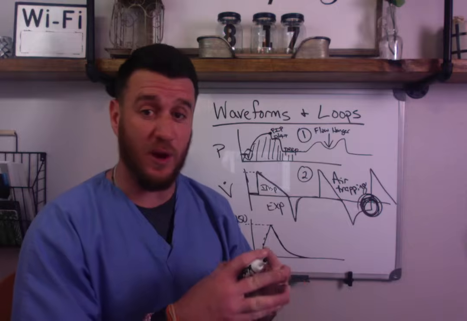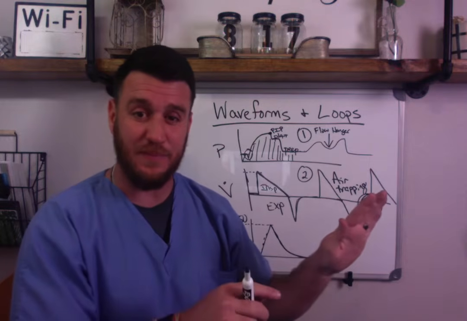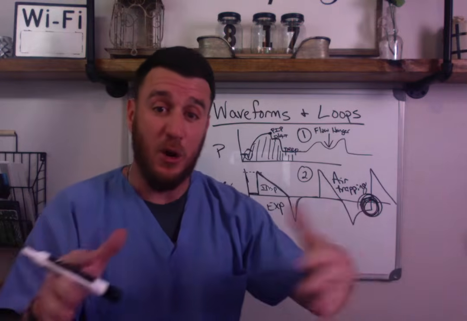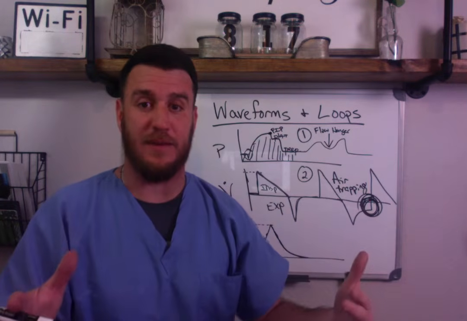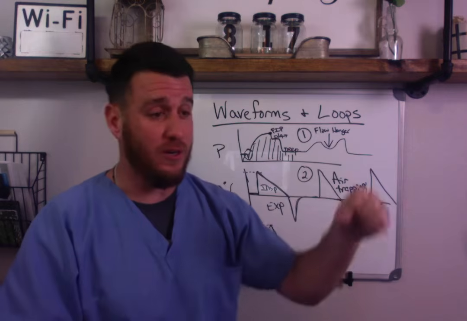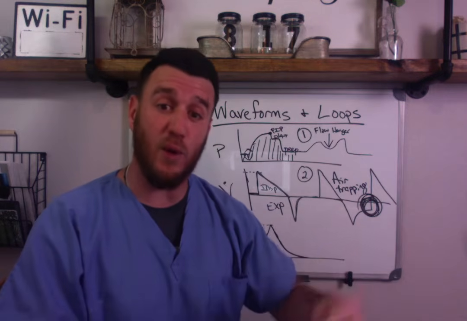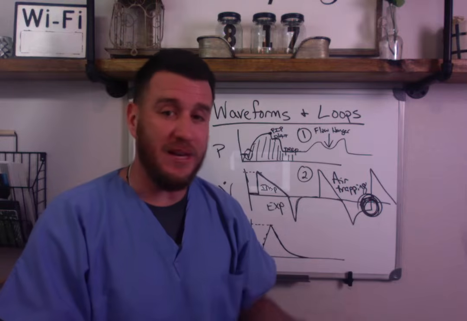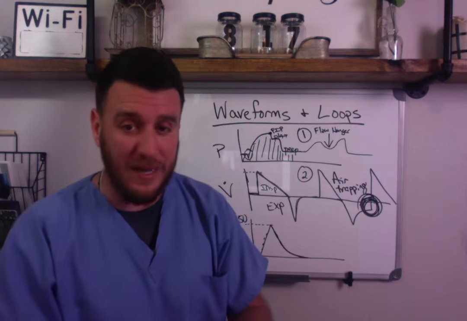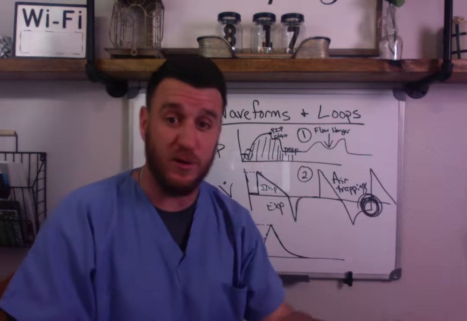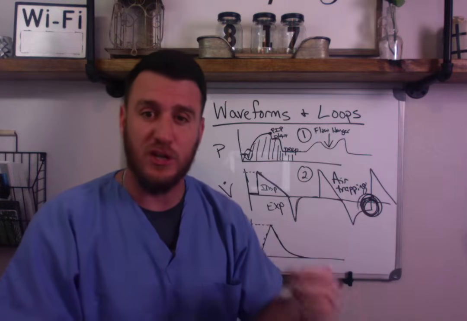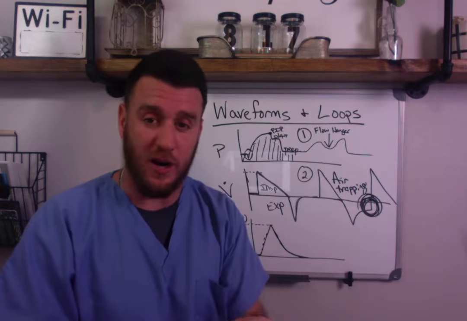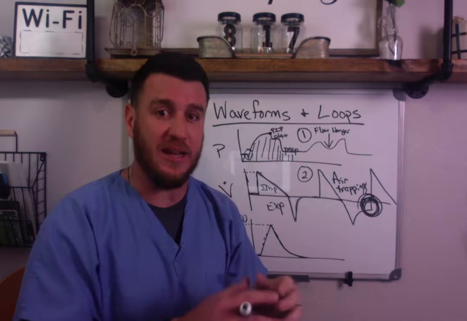Decreasing the respiratory rate does nothing to I time, but it increases your total cycle time, which increases your E time. Now, we typically don't go to decreasing tidal volume or decreasing rate because those two alter your minute ventilation. And if you alter minute ventilation, then you alter CO2 removal and you alter pH. So that's why increasing flow here is typically where we want to start to try to get that I time down and give a longer E time.